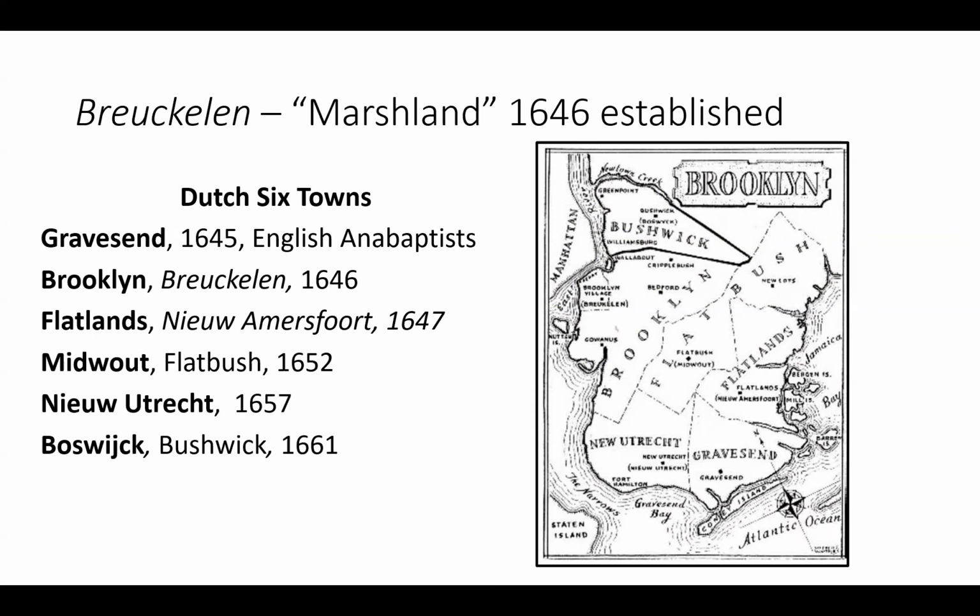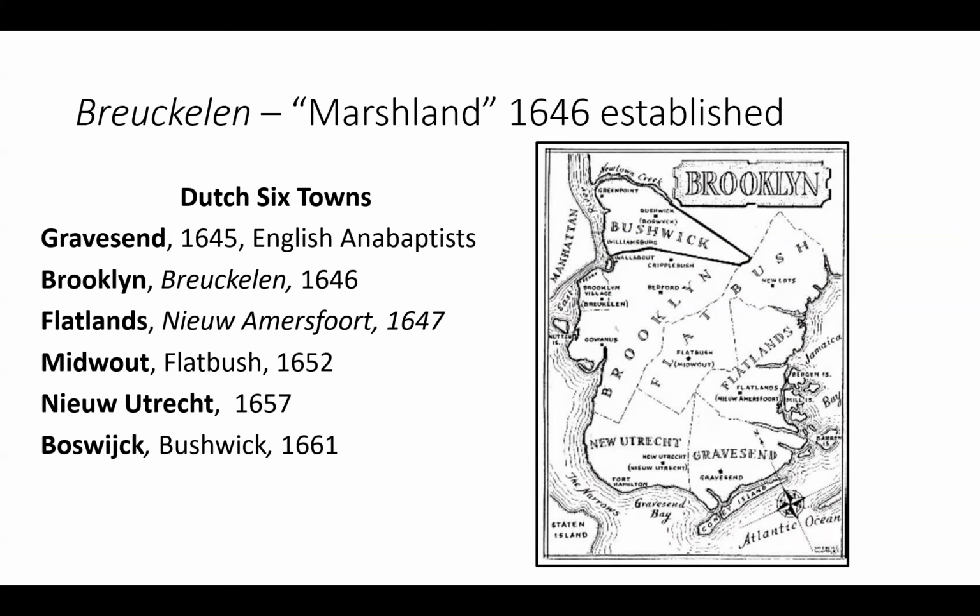So it began as just a small settlement in 1646. And the Dutch established various towns in what is today Brooklyn. Gravesend was where they dumped the English Anabaptists. These were the people who only baptized adults.